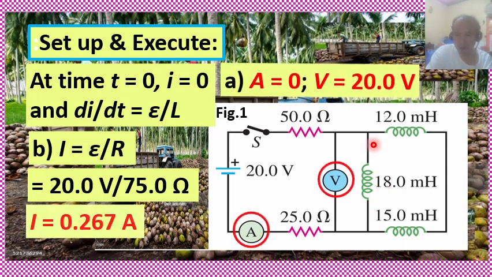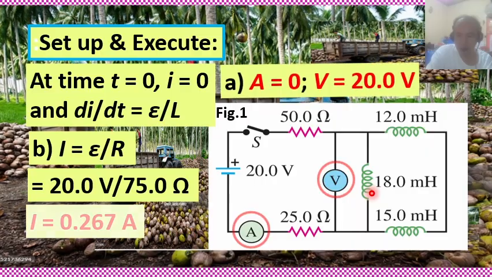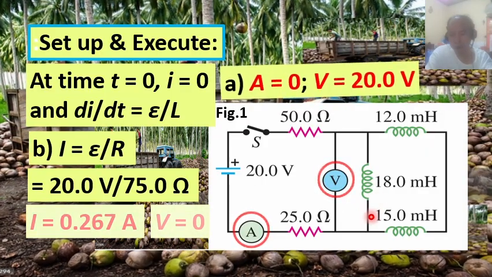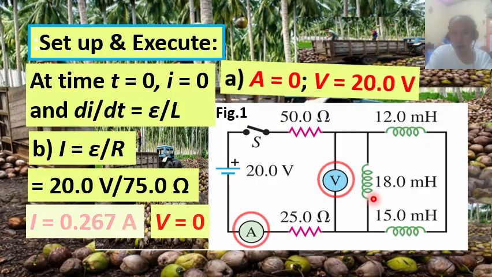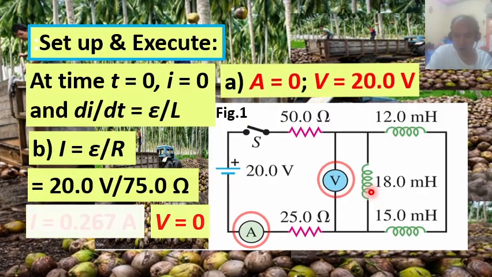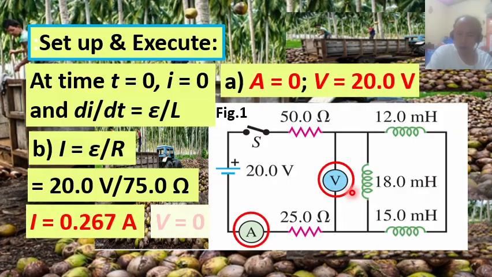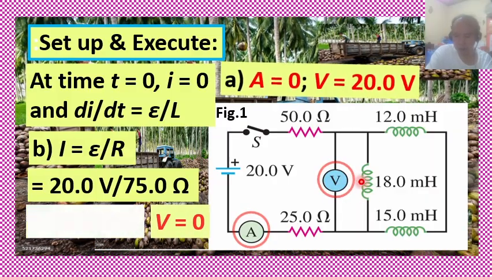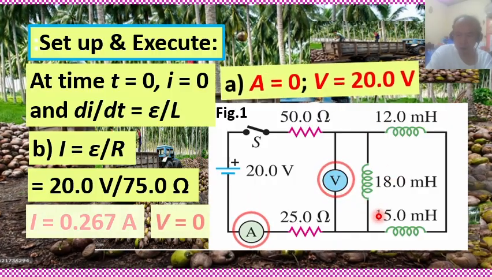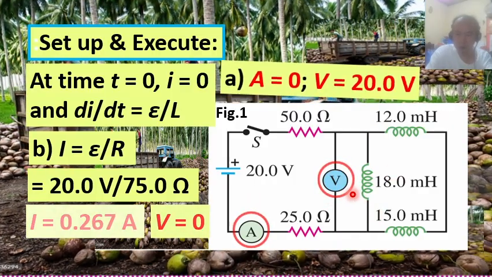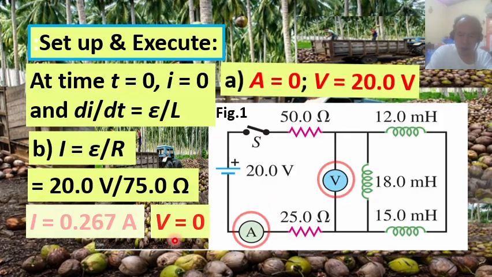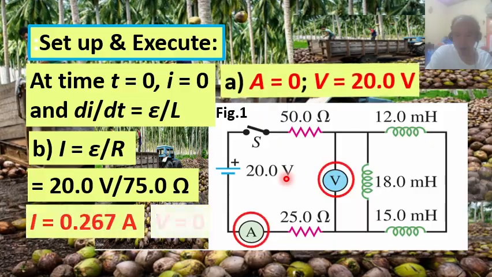But since the current is constant, that means there is no EMF induced in the inductor, which means that the voltmeter will read 0 volt. 0 volt as the voltmeter reading, and 0.267 amperes for the ammeter reading.